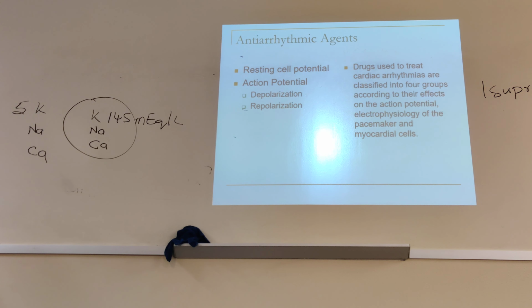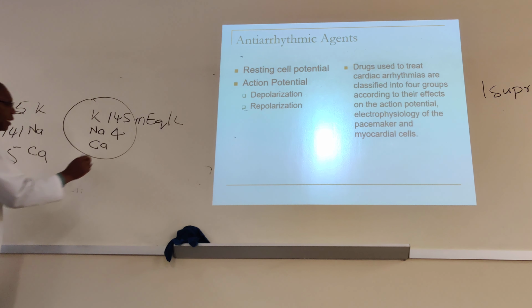Then on the outside, you have about 141 sodium. You have more sodium on the outside. On the inside, you have about 4 or 5. On the outside, you have 5 calcium, and then on the inside, you have 1 calcium. So this is the way that electrolytes are distributed on the inside and outside of the cell.